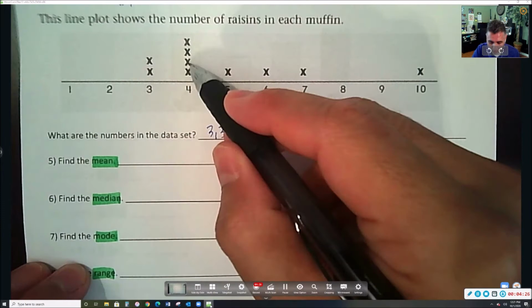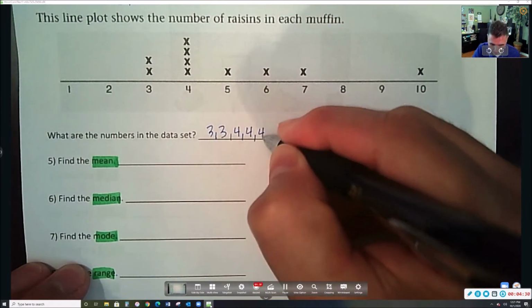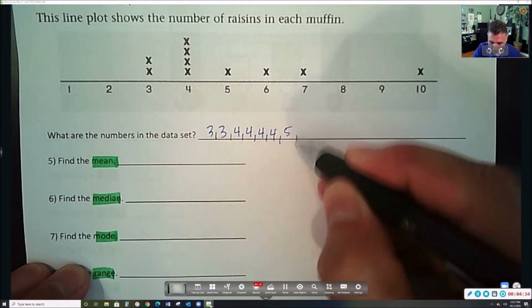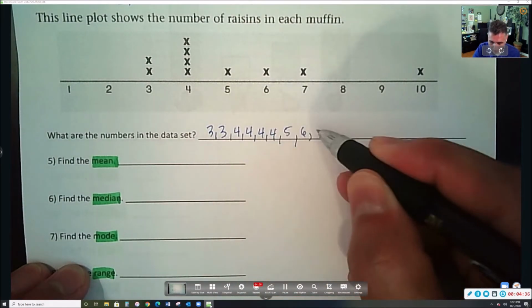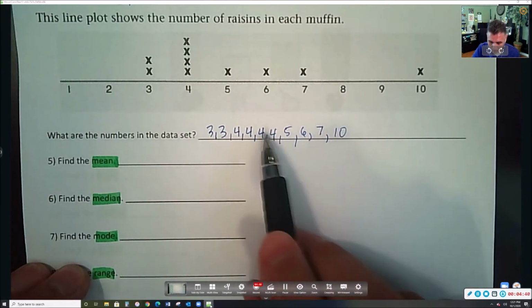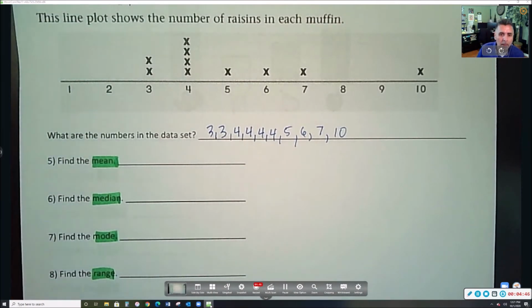And then there's 1, 2, 3, 4 4's. There's a 5, a 6, 1 7, and 1 10. I'm just counting the numbers, making sure they're correct. Okay. So that is the numbers in the line plot.